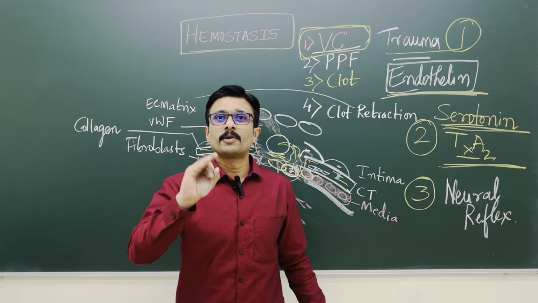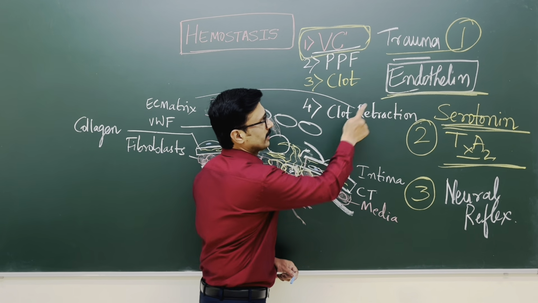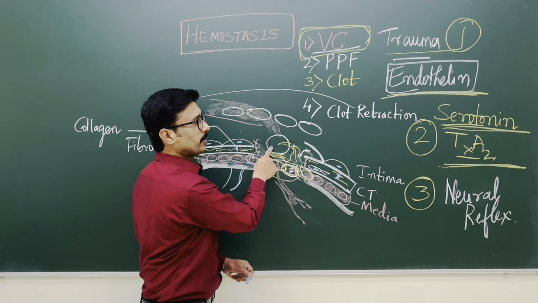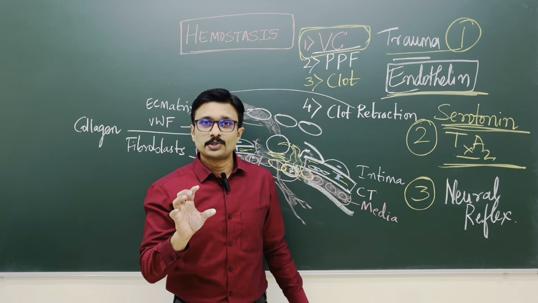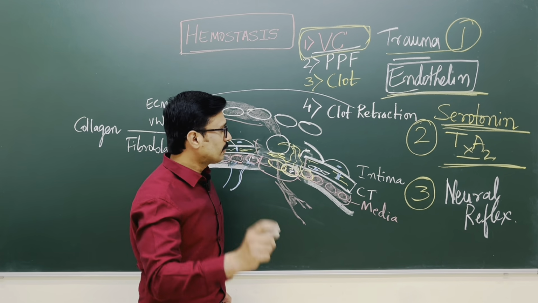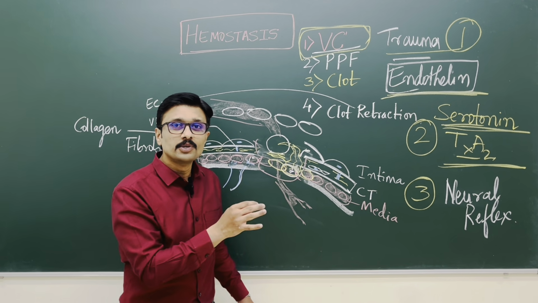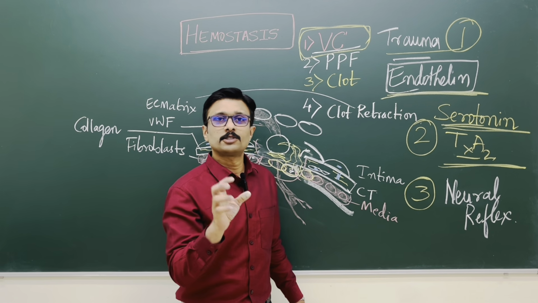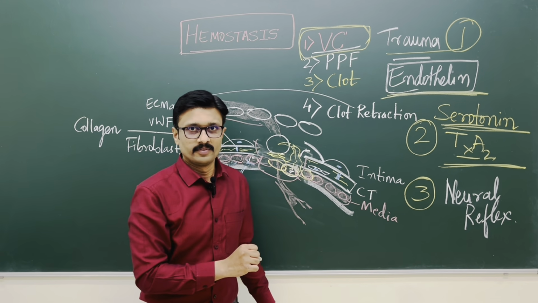Second, chemical substances released either by the damaged endothelial cells, that is endothelin, or by activated platelets, serotonin and thromboxane A2, which act as vasoconstrictors on the smooth muscles. The third factor is the nerve, which gets stimulated during the trauma or injury and can stimulate the smooth muscles to cause contraction and vasoconstriction.